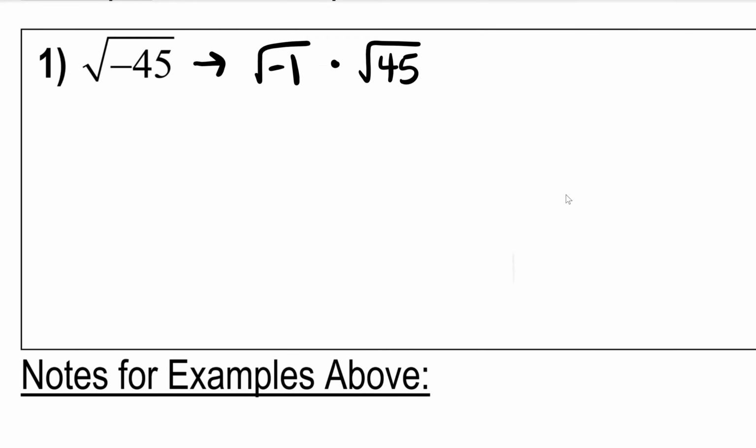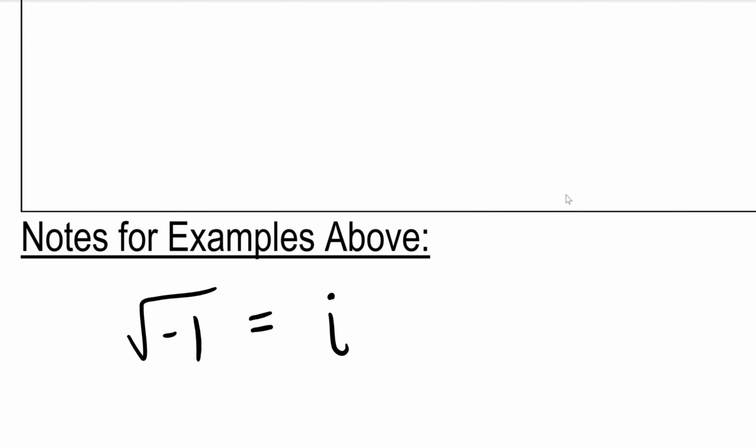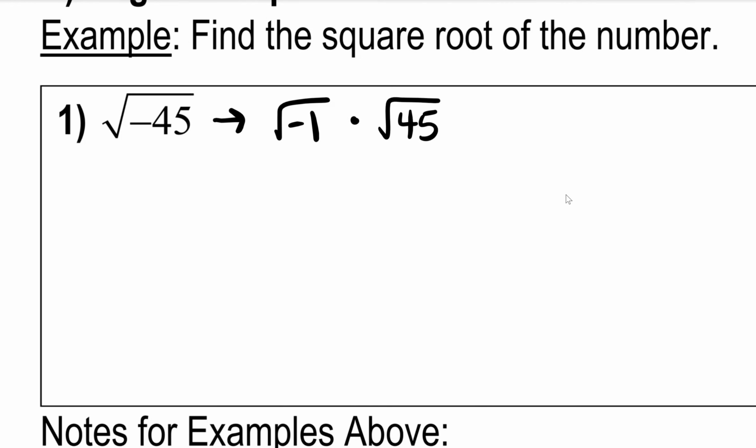Now for notes, before I move on, let's just go ahead and say that square root of negative 1 is equal to i, which is an imaginary unit. So if I have square root of negative 1, I could change that to just i. Now I can do the 45.